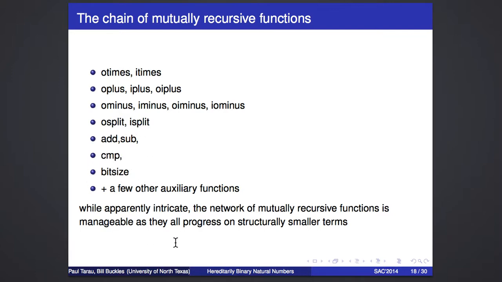And they all form a relatively intricate network of mutually recursive functions, but this is manageable as they all progress on structurally smaller terms. So all our computations terminate and collaborate together to work exclusively in terms of tree operations. We don't borrow anything from conventional arithmetic operations in these algorithms.